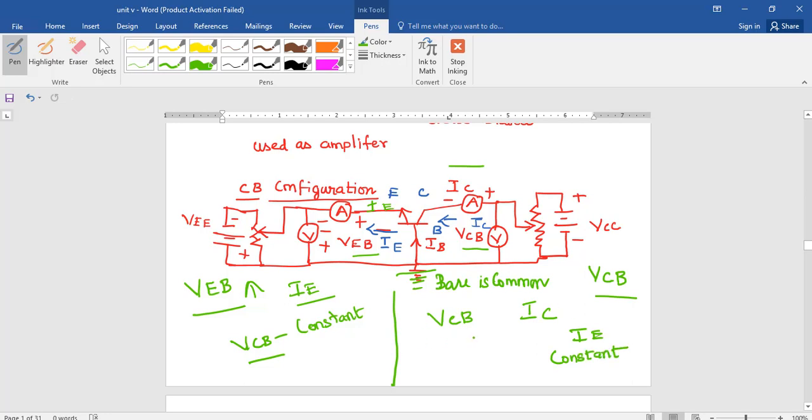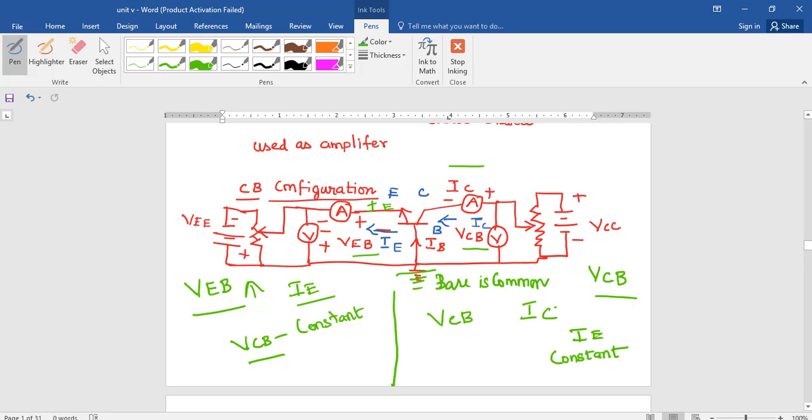VCB is varied. For that varied VCB, IC is noted. A graph drawn between VCB and IC is called as output characteristic curve for CB configuration. This is the way to obtain your input and output characteristics curve for CB configuration.